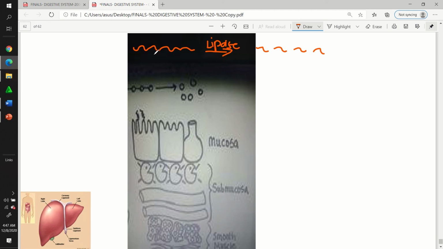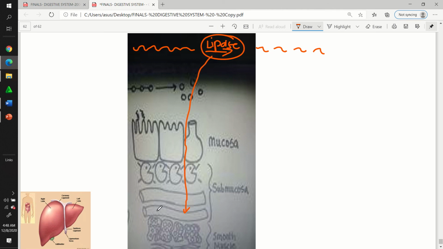And how to break down that lipid into a fatty acid is through the help of your enzyme lipase. Why is this important? How are they absorbing nutrients from the intestinal mucosa? They're able to absorb through the intestine directly sa lymphatic.